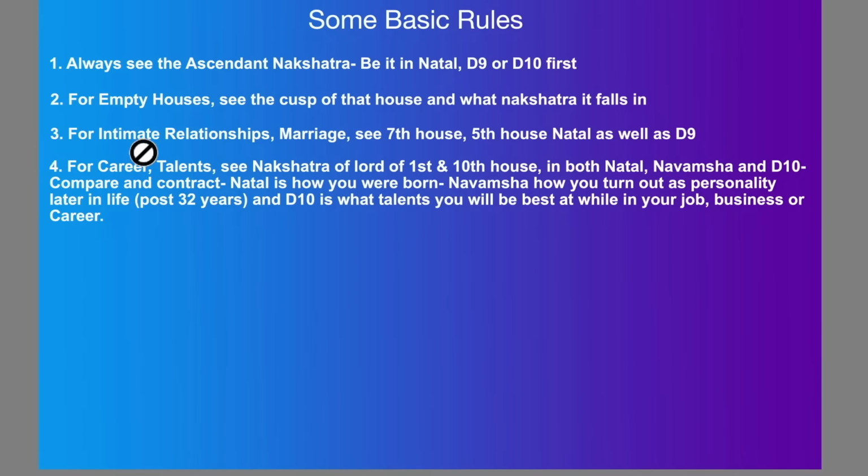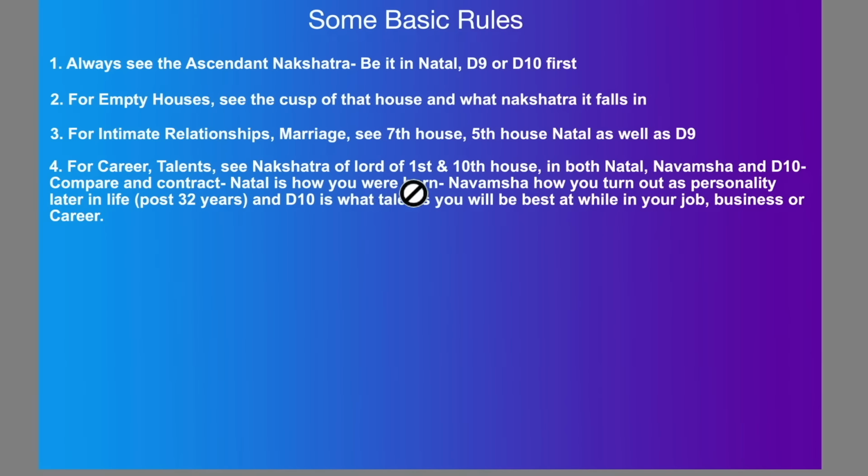Number 3, for intimate relationships, marriage, see the 7th house, 5th house, natal as well as D9, and the nakshatras thereof or the planets sitting thereof. Okay. For career talents, see the nakshatra of the Lord of the 1st and 10th house in natal, Navamsha and D10. Compare and contrast.